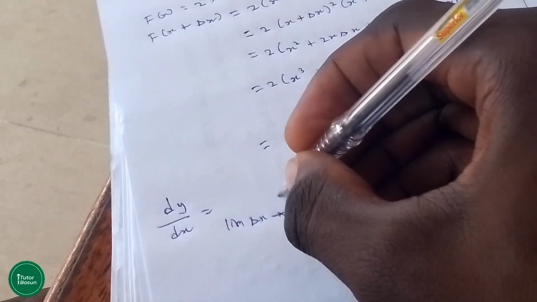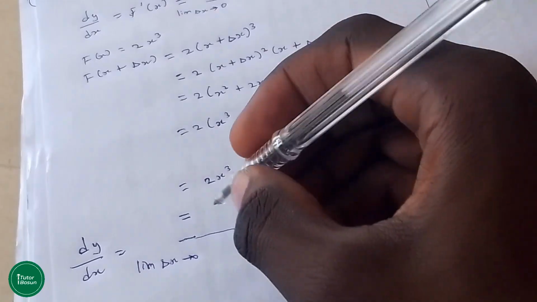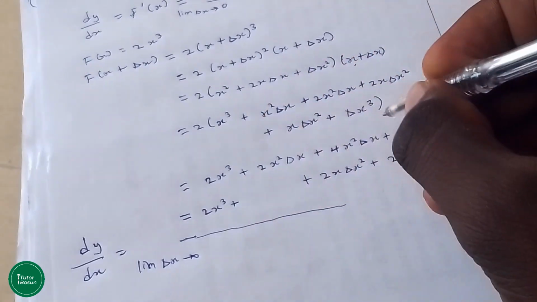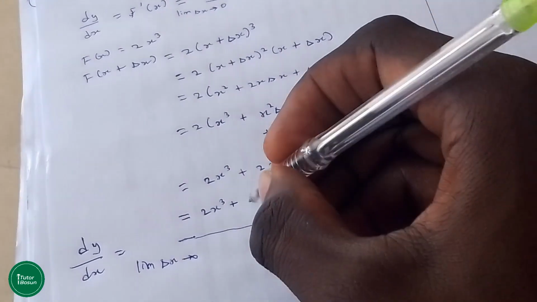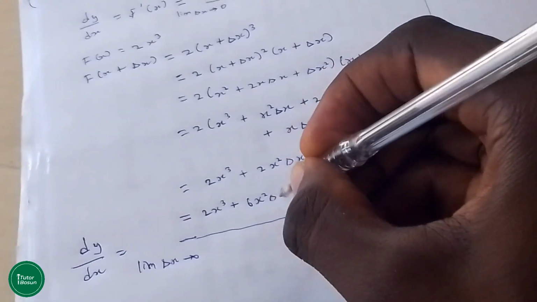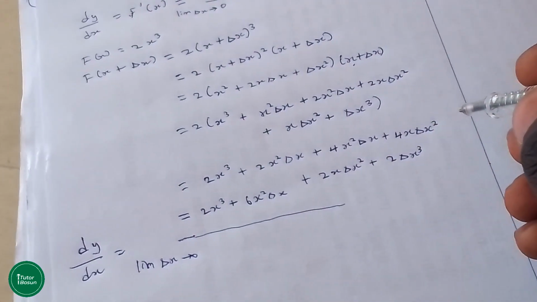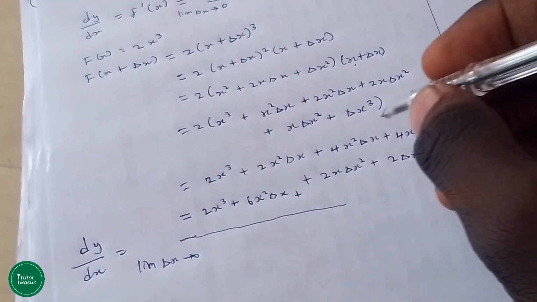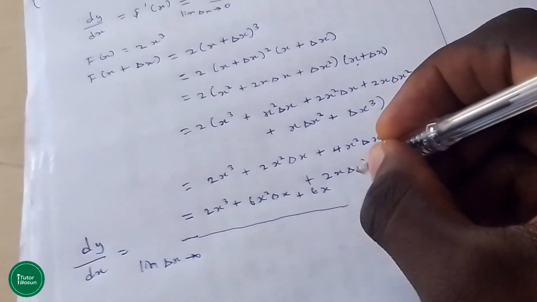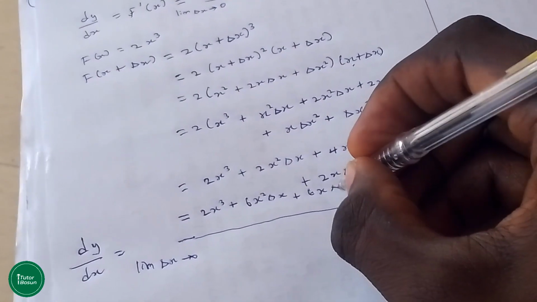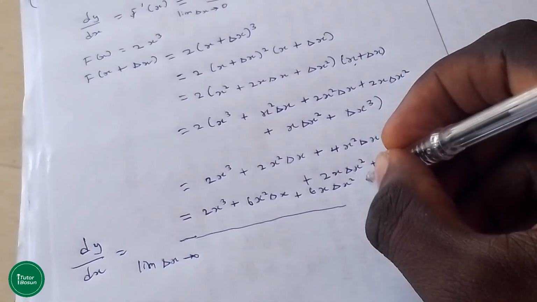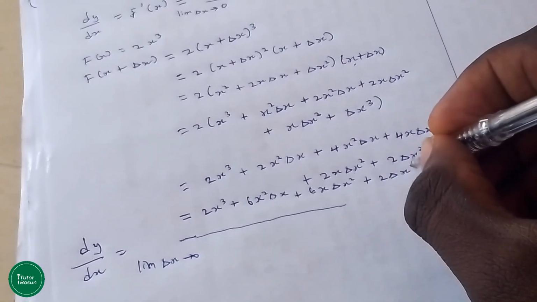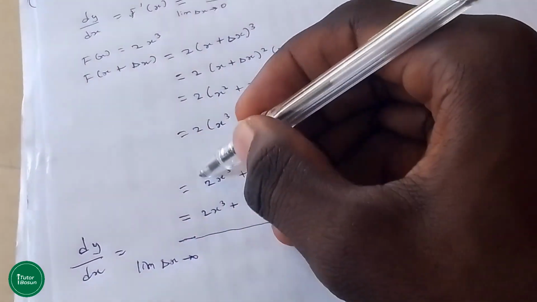Then the expression becomes 2x cubed plus, and these can sum together, 6x squared delta x, and these can sum together, plus 6x delta x squared plus 2 delta x cubed. These are together.